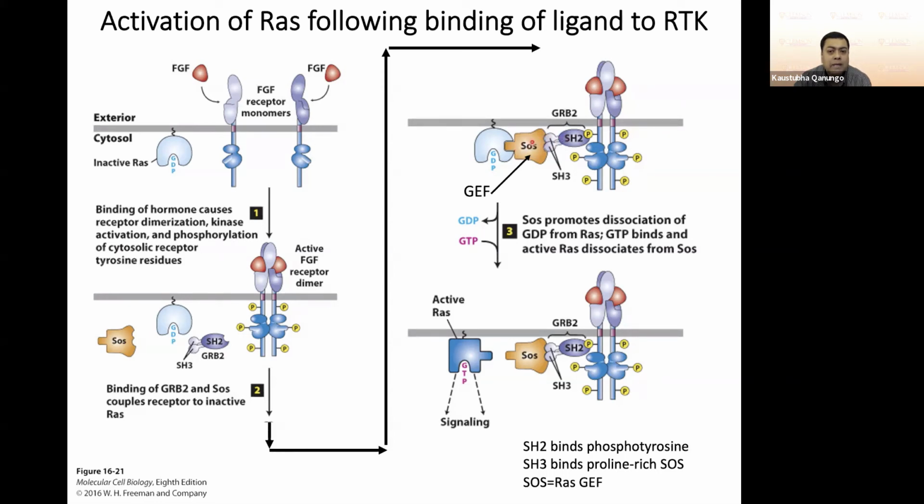It doesn't bind. At that time, what will happen? In the same way, if the SOS, which is the nucleotide exchange factor, cannot bind to this SH3, then it will not be able to exchange the nucleotide. So this step will not happen, no signaling.